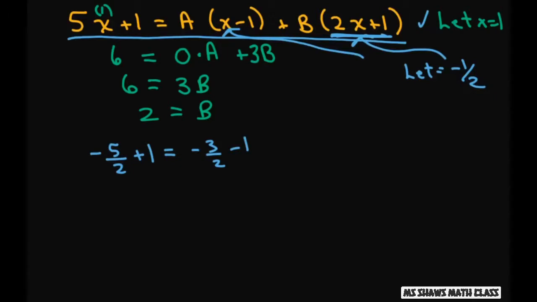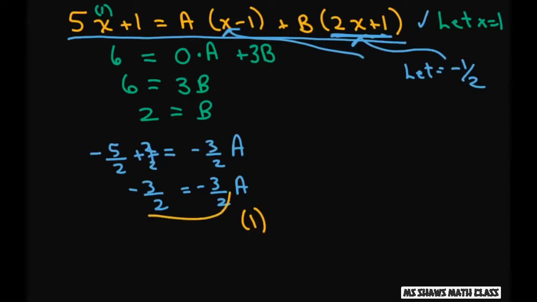So when you simplify, that would be 3/2 a. So this would be negative 3/2 equals negative 3/2 a. So clearly a is 1 because it gives you that.